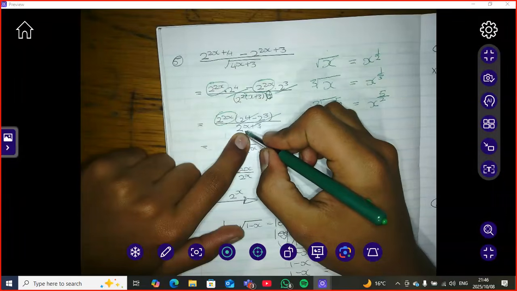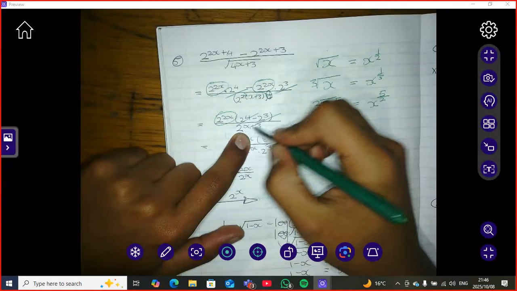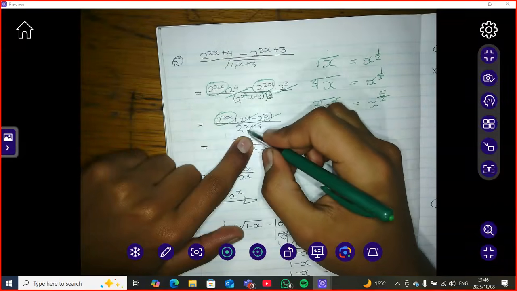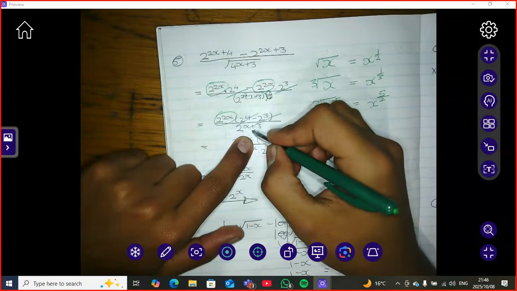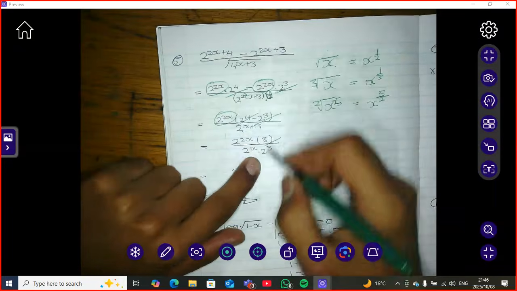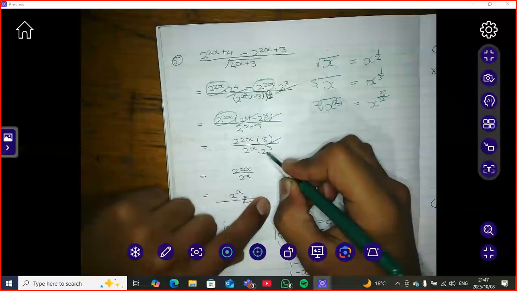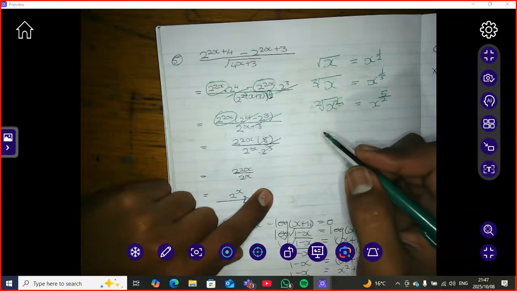Because it's 2 to the power of x plus 3, lots of exponents, I can say 2 to the power of x times 2 to the power of 3. And 2 to the power of 3 is 8, so these will cancel with each other.